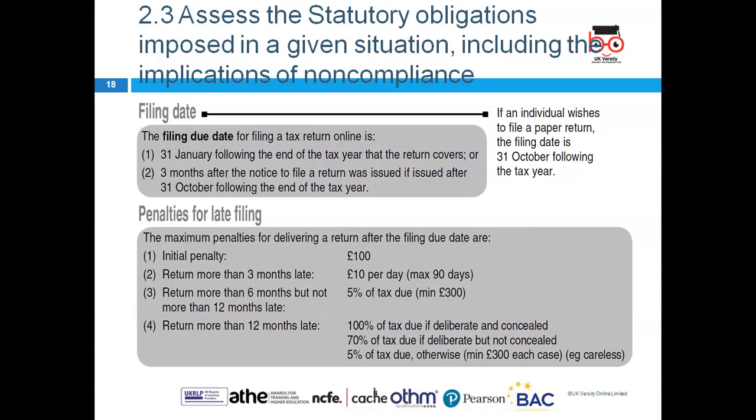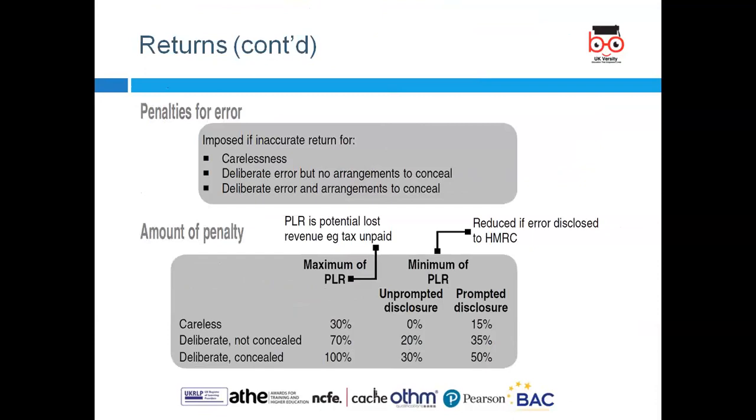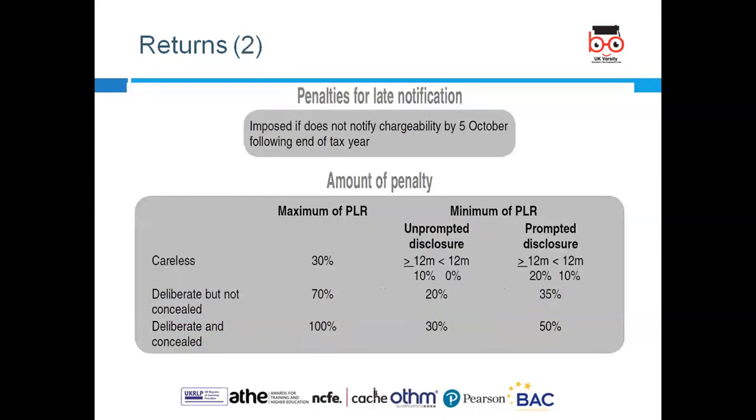We can look around in advance, according to those years and whatever the penalty rates were: carelessness, deliberate errors, concealed arrangements, and the maximum and minimum. So we can advise the clients, and we need to be well aware, because otherwise it can become fraud as well, which we need to treat as deliberate.